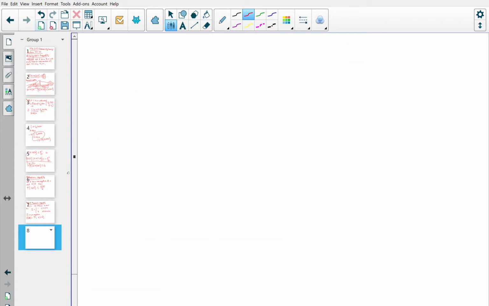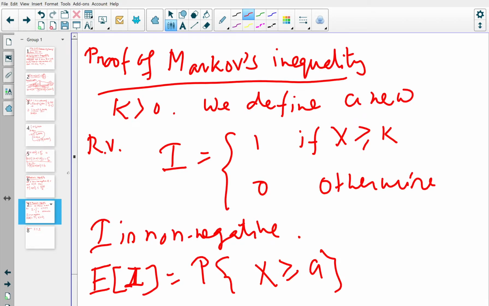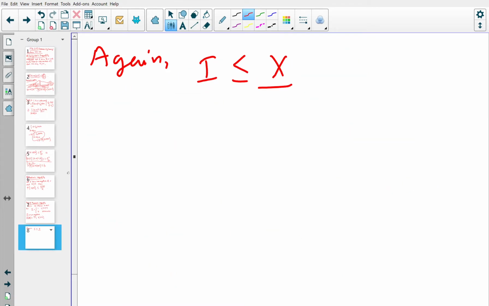Now one more observation. Note that I satisfies this inequality: I is less than or equal to x by k, because whenever x is greater than or equal to k, then I equals 1, and this quantity is either 1 or bigger than 1.